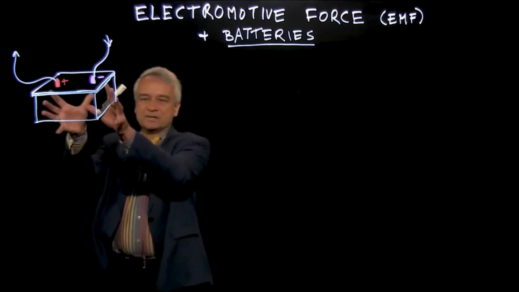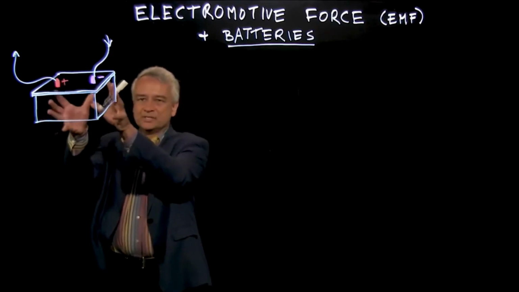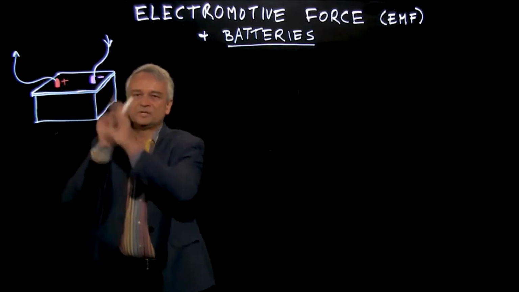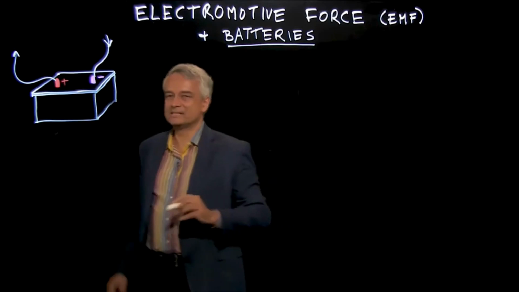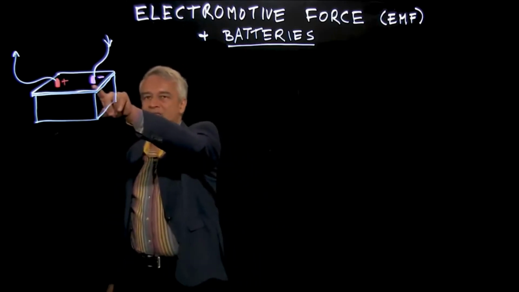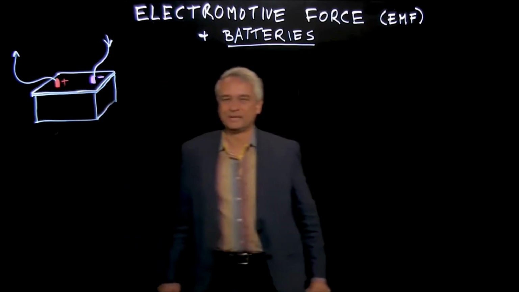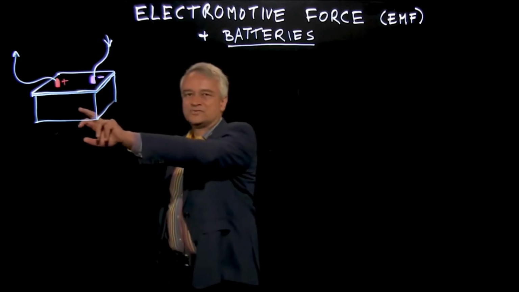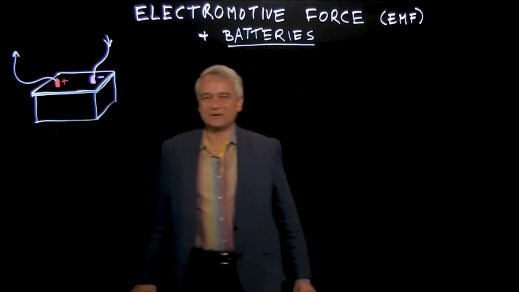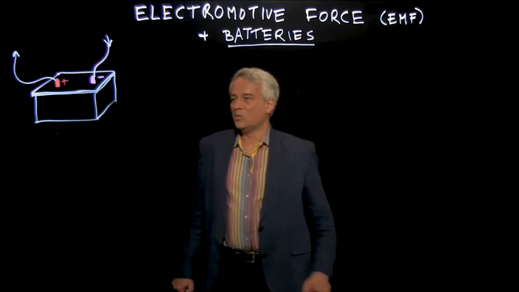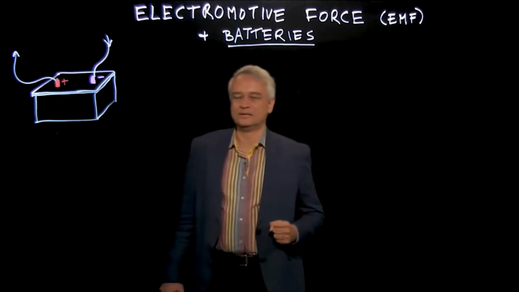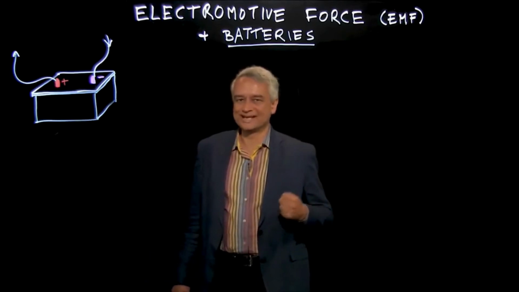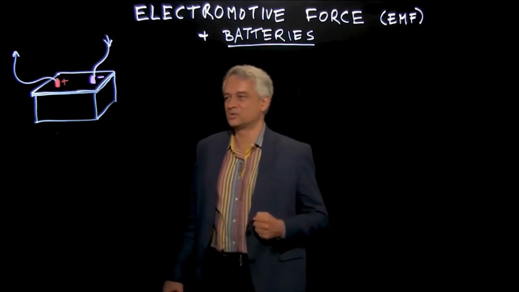And this box here, this battery, is a region of the universe in which the opposite happens. What is actually happening in this battery is that positive charges are being carried from this end to that end. So that means that there is some agent inside the battery which is transporting charge against the electric force, against the Coulomb force, against the potential gradient.